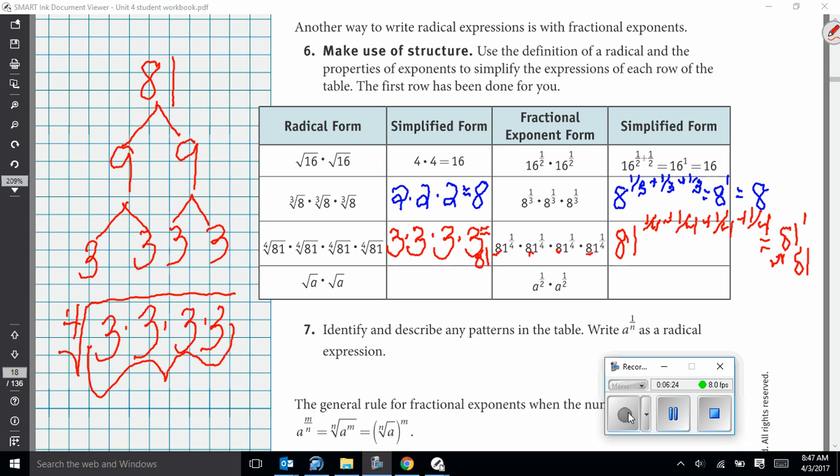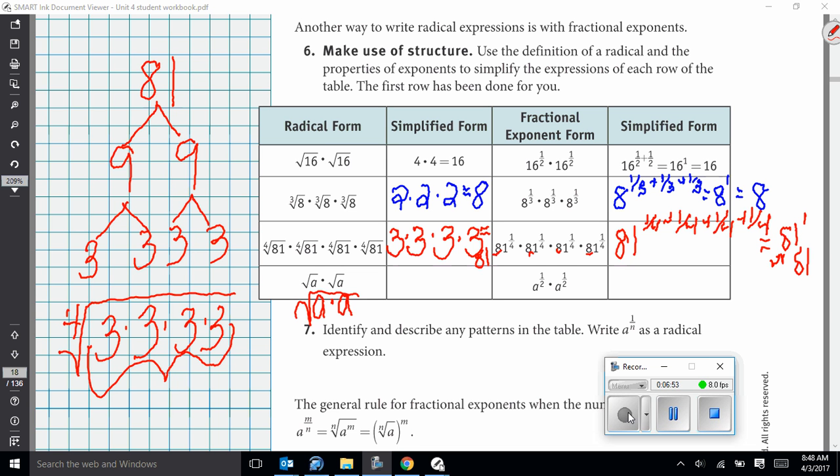Alright, saving the best for last, we have the square root of a times the square root of a. Based on the pattern that you've observed, what do you think that is? Square root of a times square root of a would be the same as the square root of a squared, or square root of a times a.